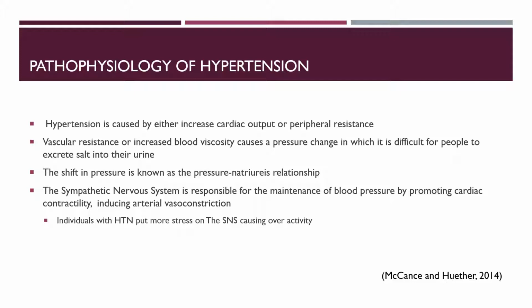This shift in pressure is known as the pressure natriuresis relationship. The sympathetic nervous system is responsible for the maintenance of blood pressure by promoting cardiac contractility and inducing arterial vasoconstriction. Unfortunately, for individuals with hypertension, they put more stress on the SNS, causing it to engage in overactivity.